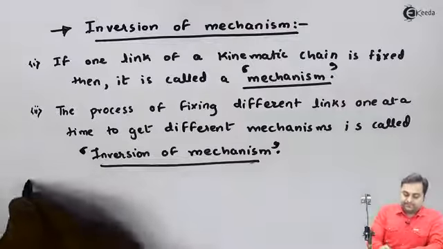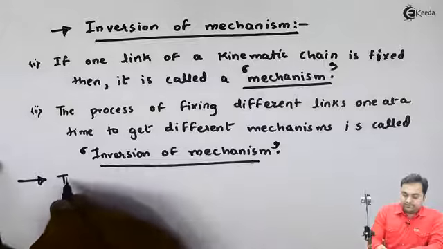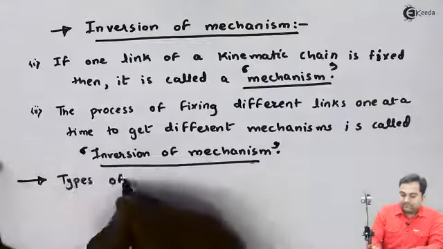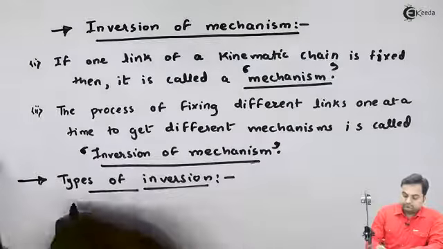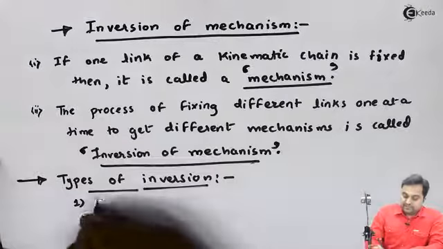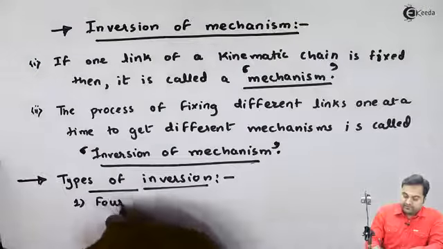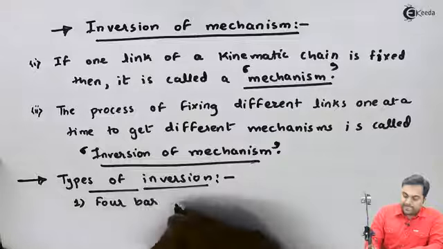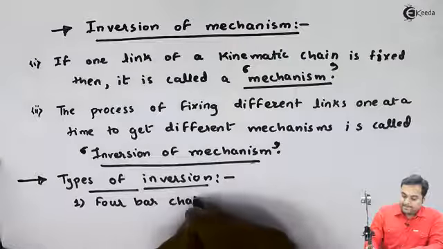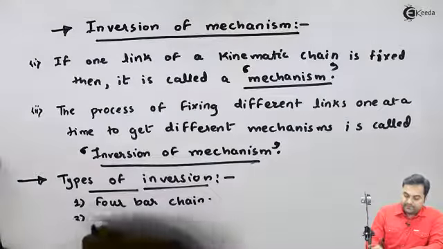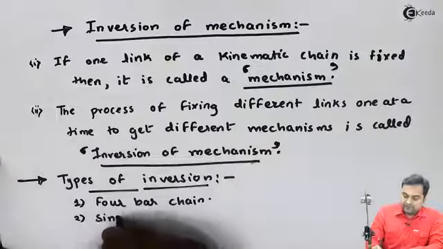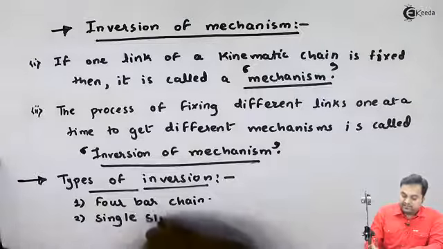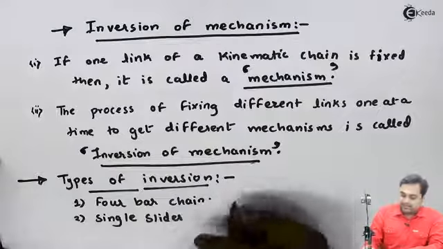Next, the types of inversion. The first one is inversion of 4-bar chain. Next, inversion of single slider crank chain.